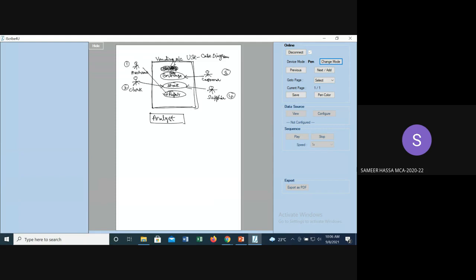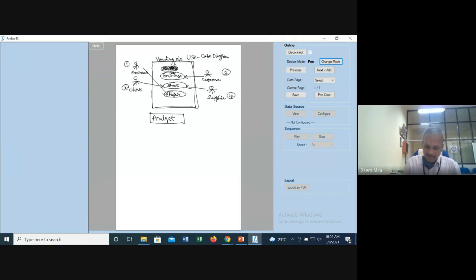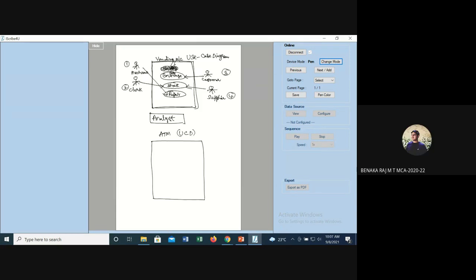Similarly, you can write a use case diagram for an ATM machine. Can you help me? Who are the actors? What are the use cases for ATM? Customer, sir.